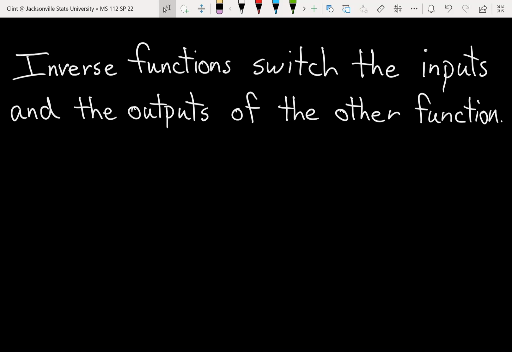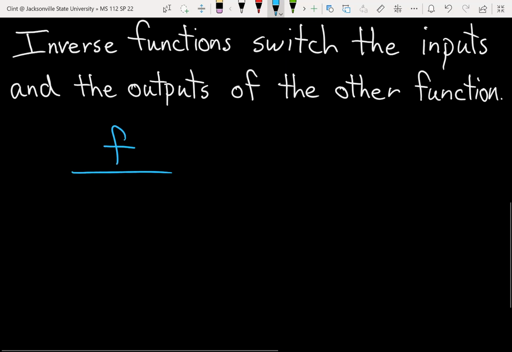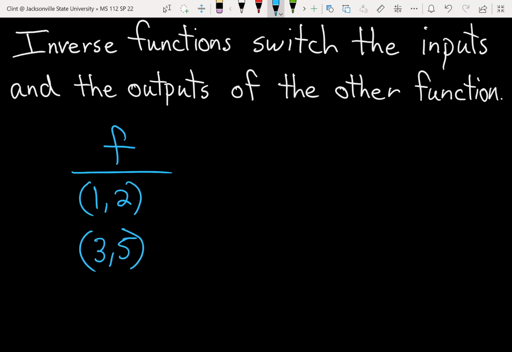All right, so a couple of ways we can illustrate that. Okay. One thing we could do is we could list some points that would be on some function. So maybe we've got the point 1 comma 2, point 3 comma 5. We'll just do 2. Okay.